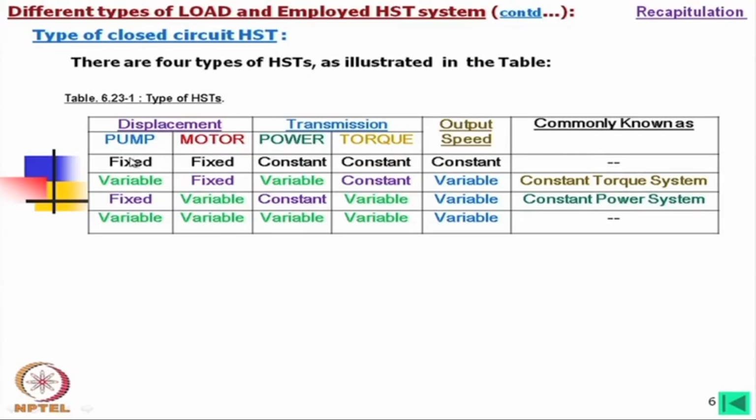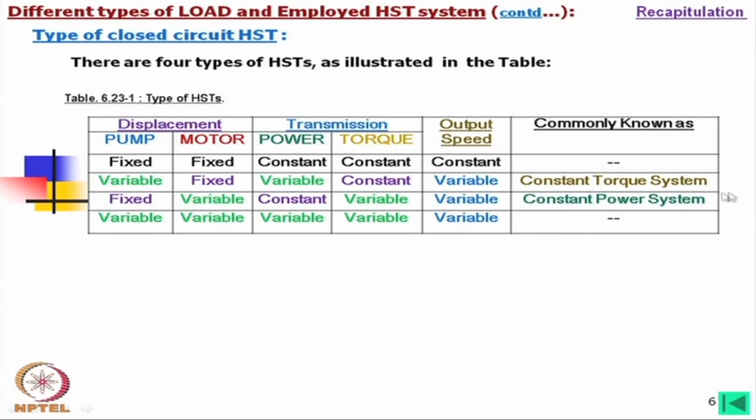Now, all variable means we can keep it at a certain position. So, this will be fixed, this will be fixed, or it might be variable, this is fixed. This means that if we make this one variable, then we can have all three arrangements out of this. Now, this has no special name.